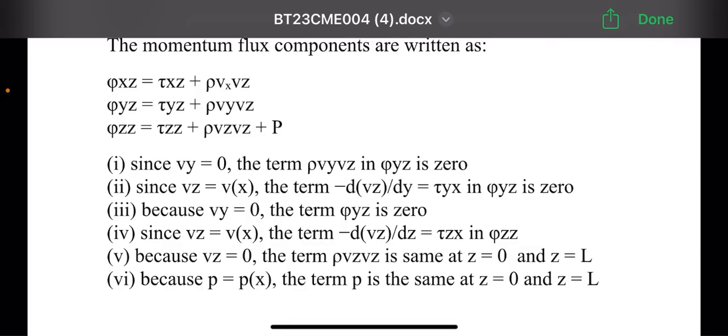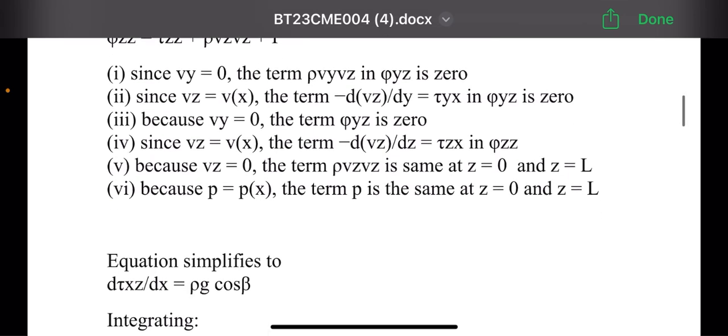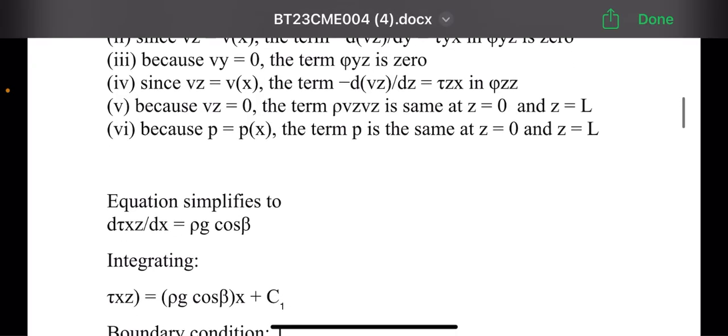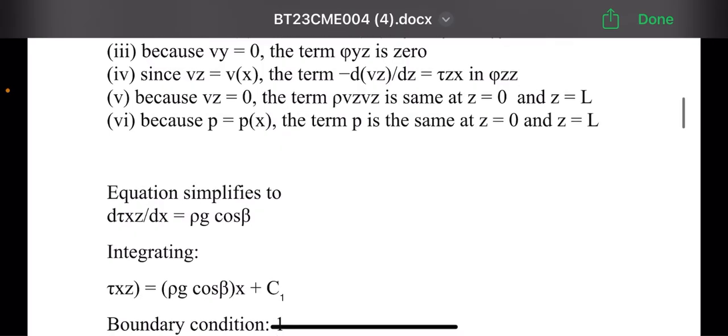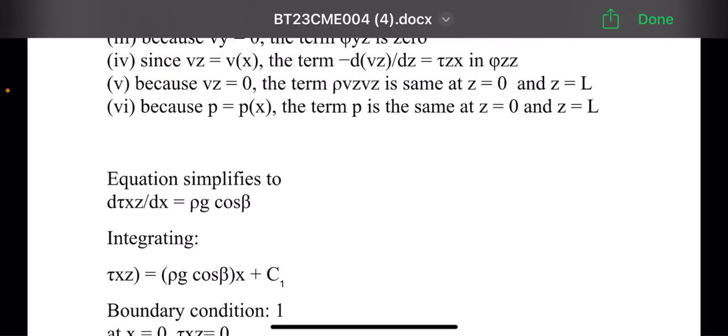Similarly, we will eliminate the dvz by dz term using the same relation. By eliminating these terms, we get the final equation as d tau xz by dx is equal to rho g cos beta, and after we integrate it, we get tau xz is equal to rho g cos beta x plus c1.